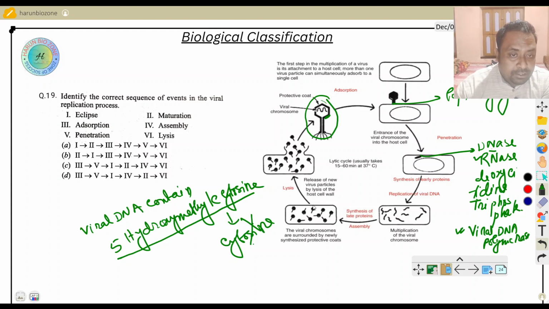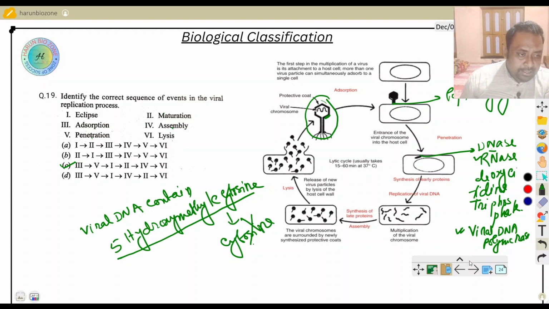Lysozyme breaks the peptidoglycan of the bacterial cell wall, and the viruses are released from the bacterial cell and attack other bacteria. This is the lytic cycle, and it occurs in this sequence: first adsorption, then penetration, then eclipse, then maturation, assembly, and lysis.